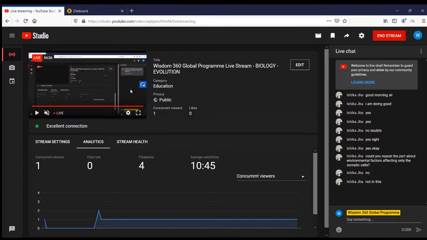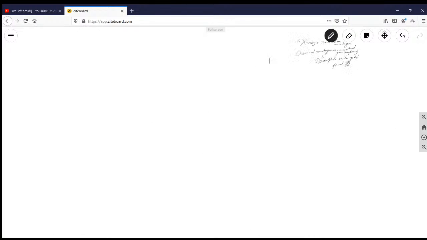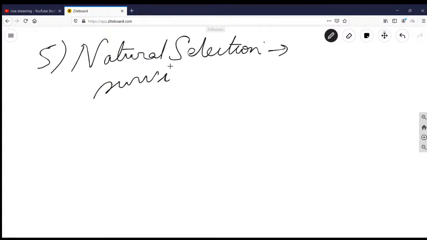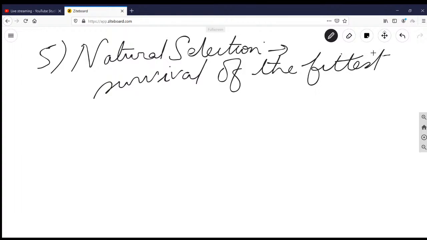So when we come to natural selection under Darwinism, it is also known as survival of the fittest. Darwinism, specifically Charles Robert Darwin, called natural selection survival of the fittest. Darwin stated that as man selects the individuals with desired characters in artificial selection, nature also does the same thing.